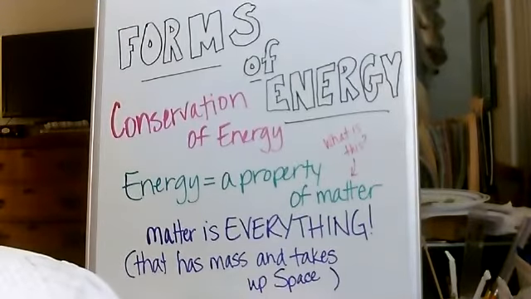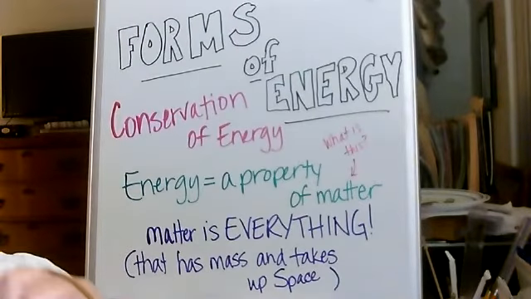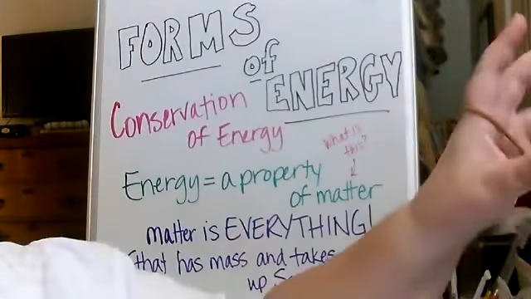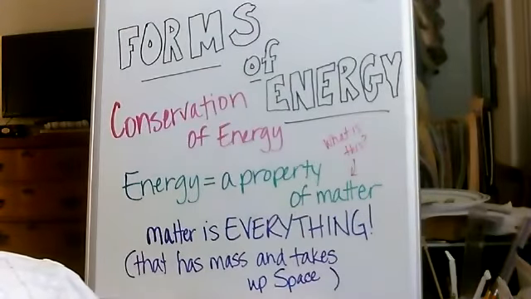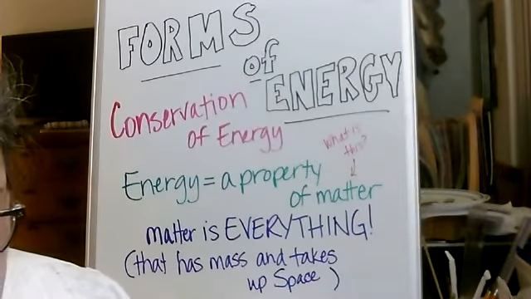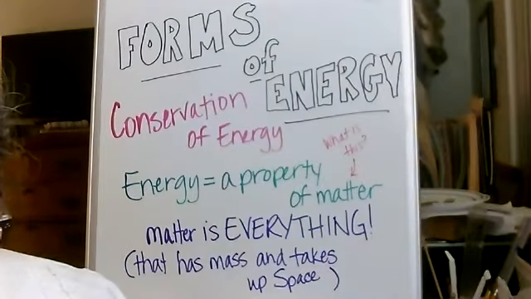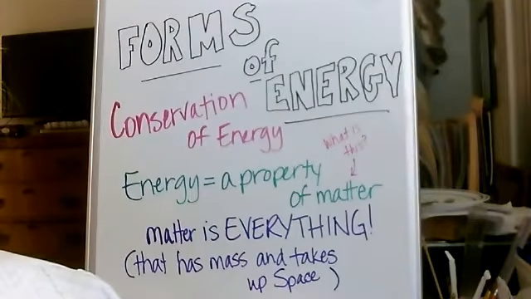So, for example, when a golfer strikes a ball, the energy from his or her swing is transferred to the ball, which then goes flying and hopefully lands in a hole. So the law of conservation of energy states that energy can neither be created nor destroyed.